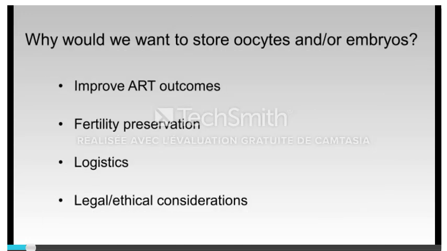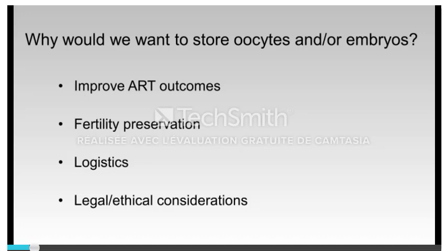So I'll start with the first of those objectives, and that's to recap why we might want to apply cryopreservation in assisted reproductive technologies. Well, I think the first thing that we're always trying to do, and certainly when we use cryopreservation that's no different, is to improve our clinical outcomes.